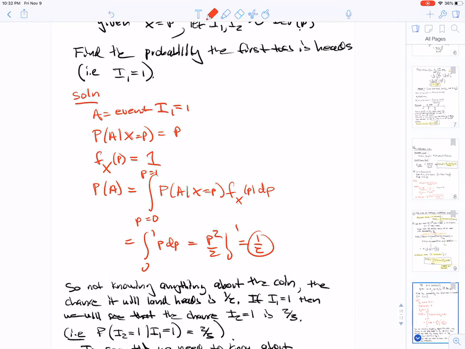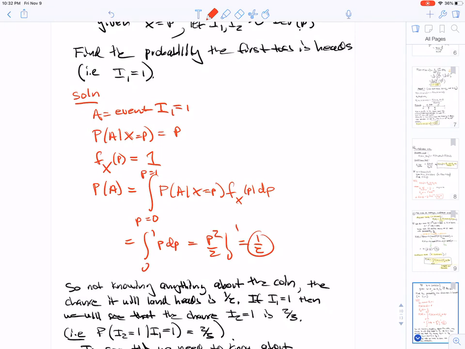So my integral formula here is the integral from p is 0 to 1, and the probability that I get heads, given that the chance of getting heads is p, is obviously p, and the prior distribution here, f_x(p), is just 1.